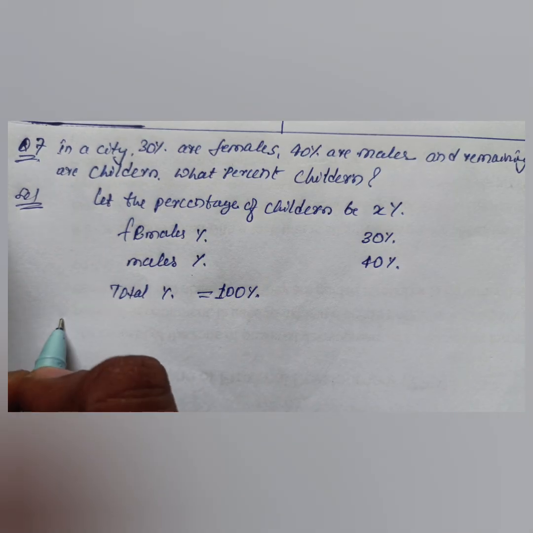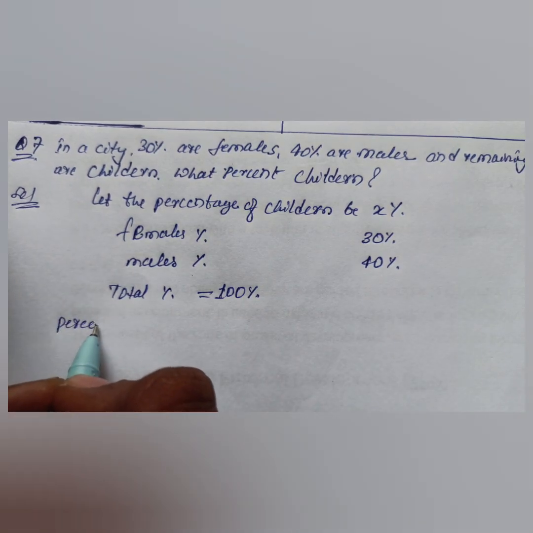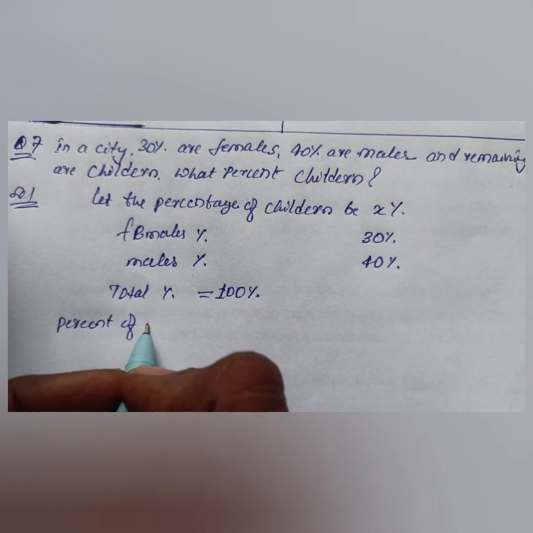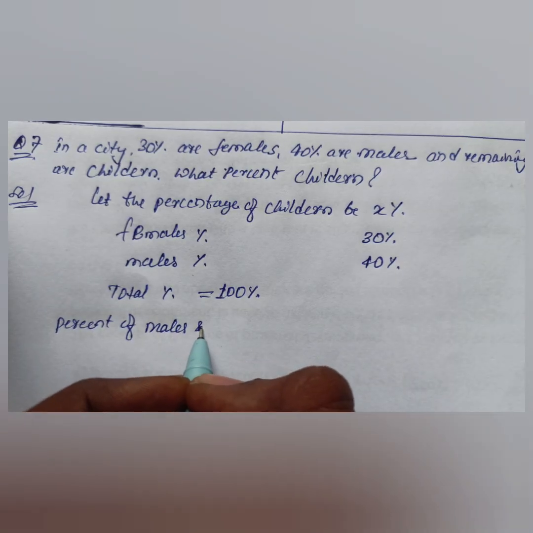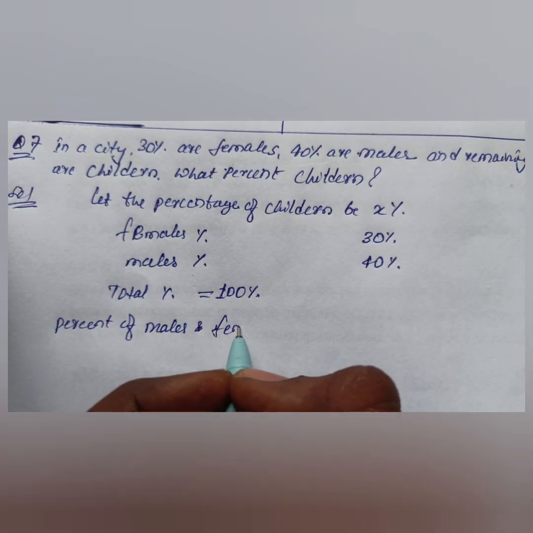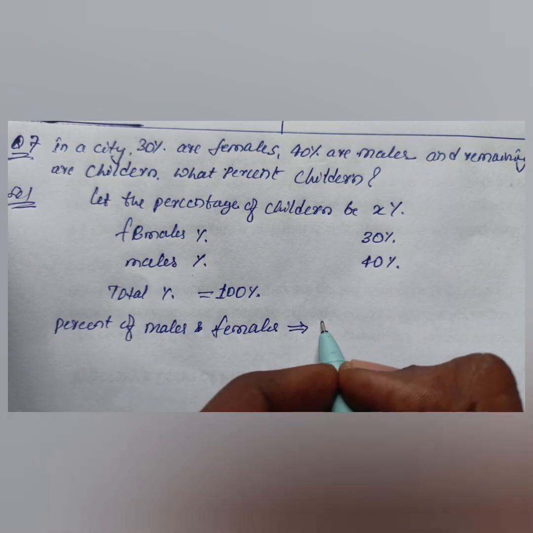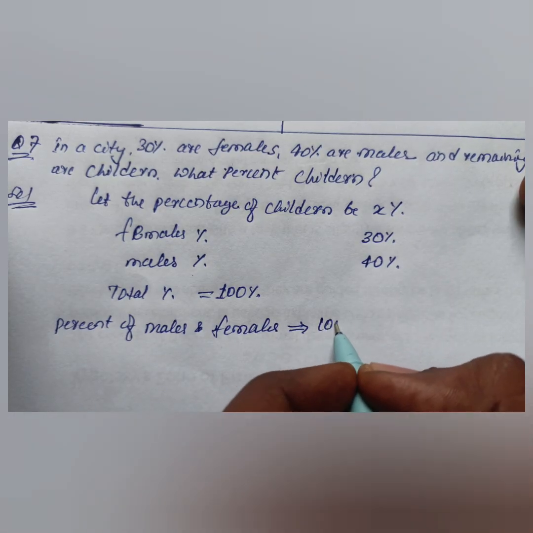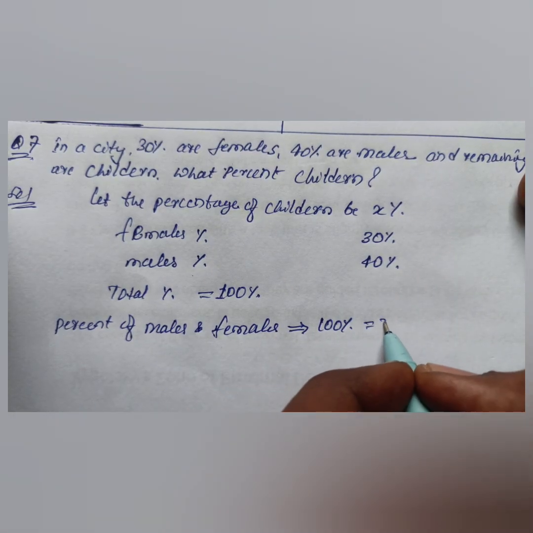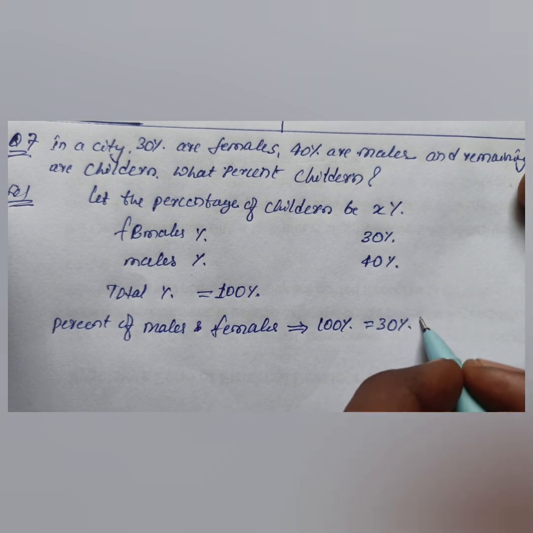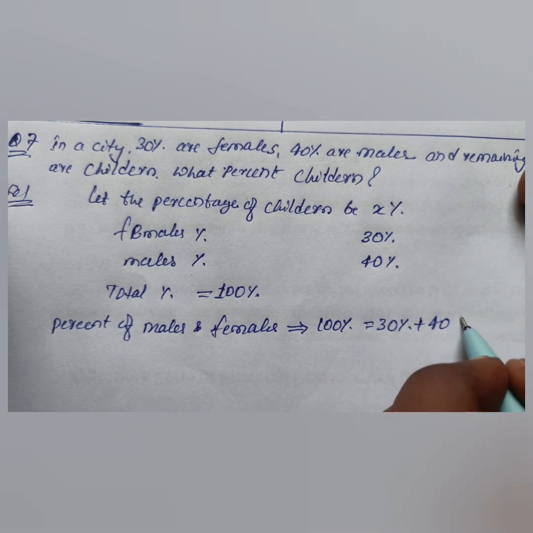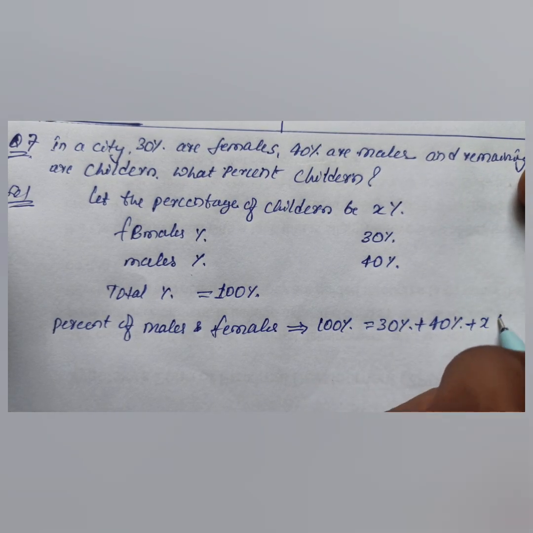Now the percent of males, females and children is equal to 100%, that is equal to 30% plus 40% plus X%.